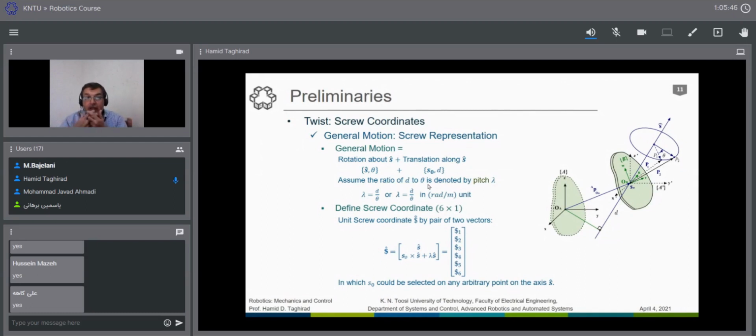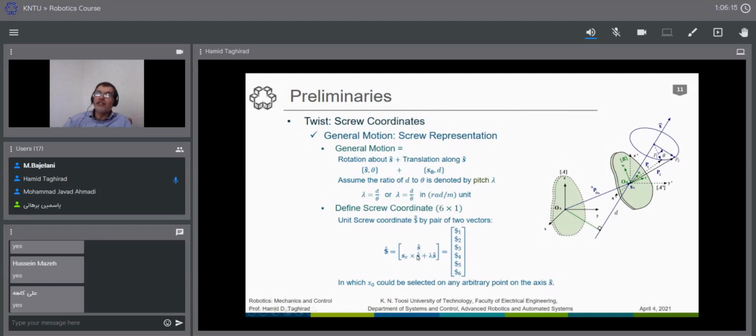We have one, we don't call it a vector, we have one twist or screw coordinate, which is 6 by 1, a concatenation of 2 vectors. The first vector is S hat, and the second vector is S0 cross S hat plus lambda S hat. I will discuss why this comes here.